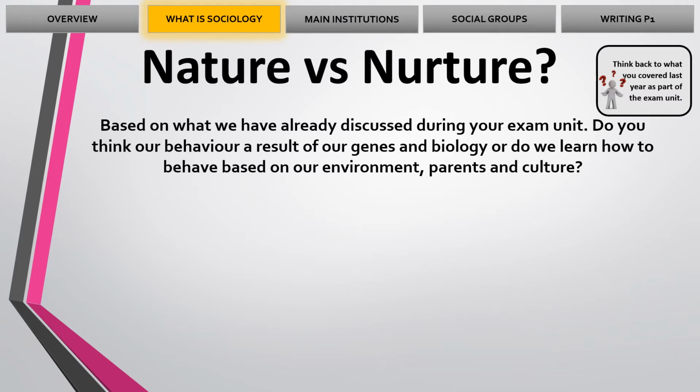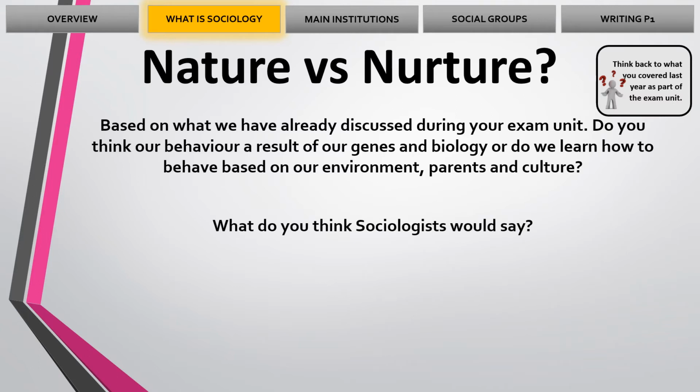Nurture is more about the way that we are raised, our lifestyle, our decisions, our choices. These shape who we are and our life experiences. And in sociology, this is a big debate about whether we are a product of nature or nurture.